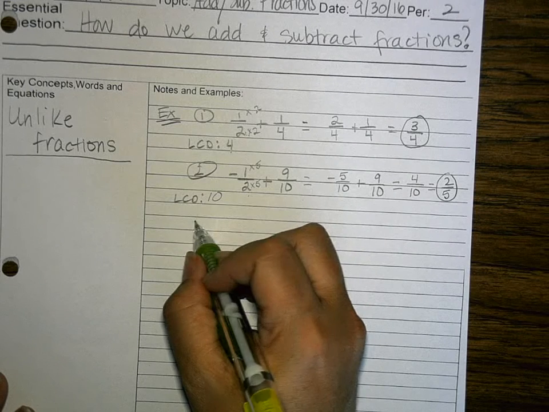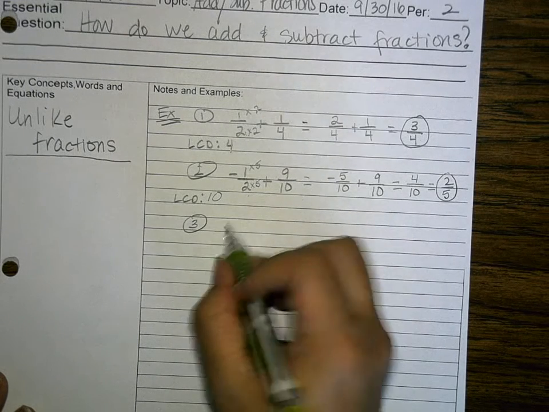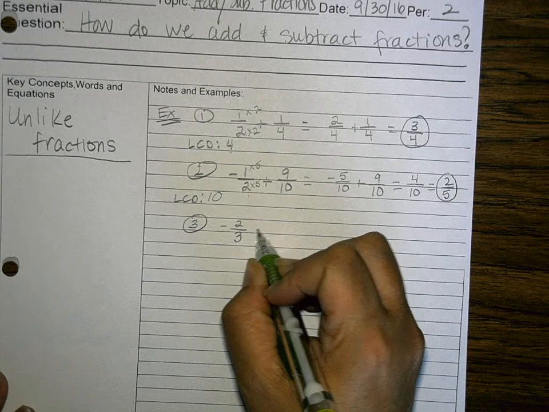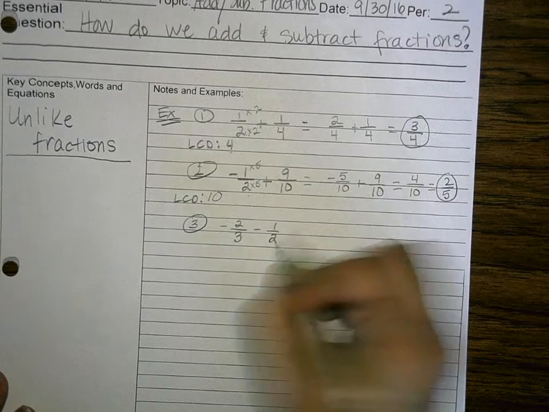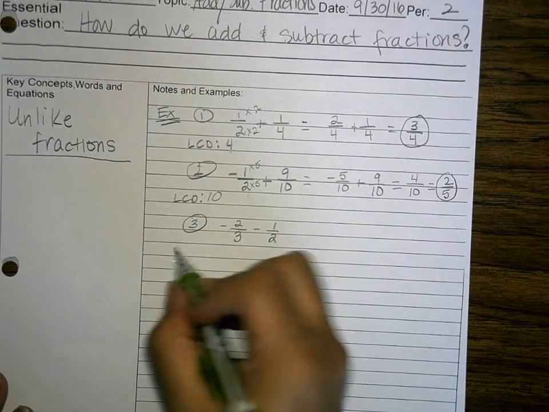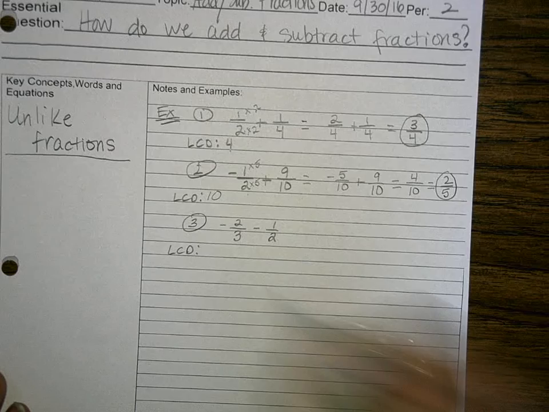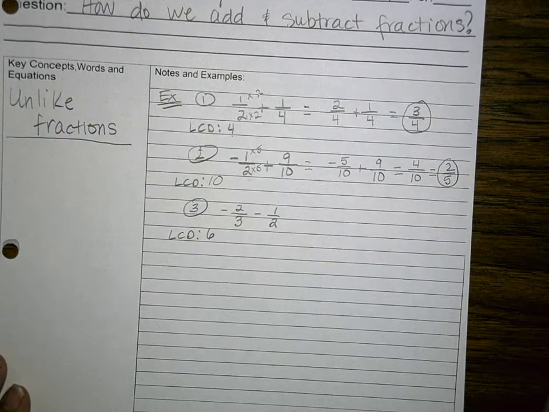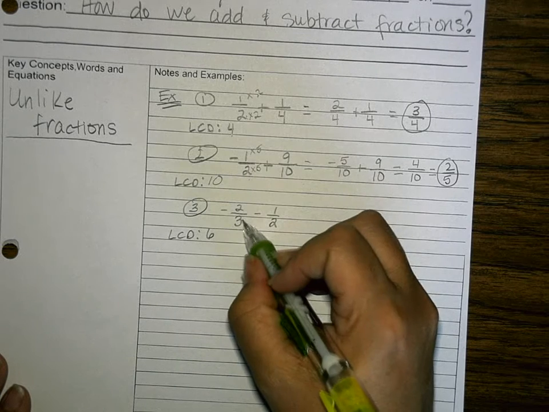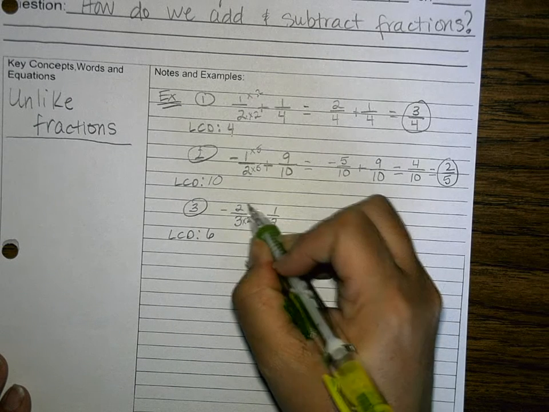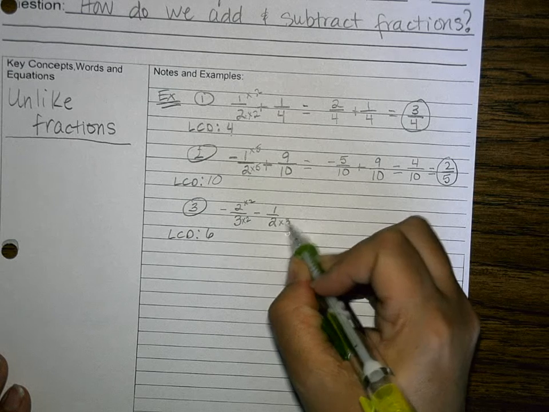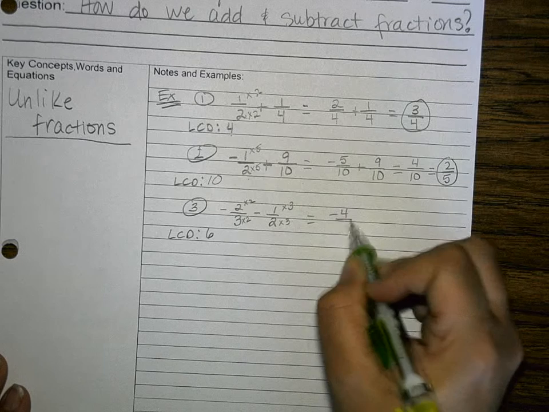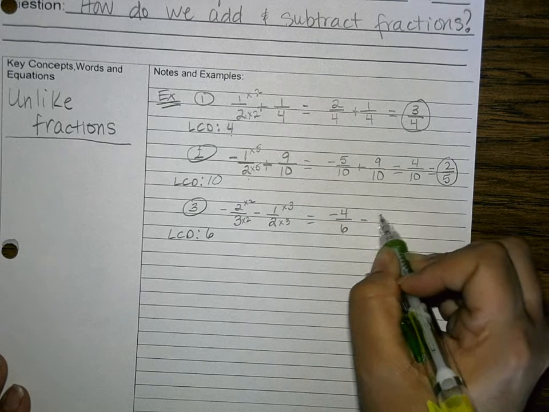Let's try another one. Let's say I have a negative 2/3 minus 1/2. What's the LCD there? 6. 6, good. So now I have to change both of them to make them 6, right? So this one's times 2. Some teachers taught you just to cross multiply. That's fine too. And this one's times 3. Okay? So now on the top I have negative 4/6 minus 3/6.